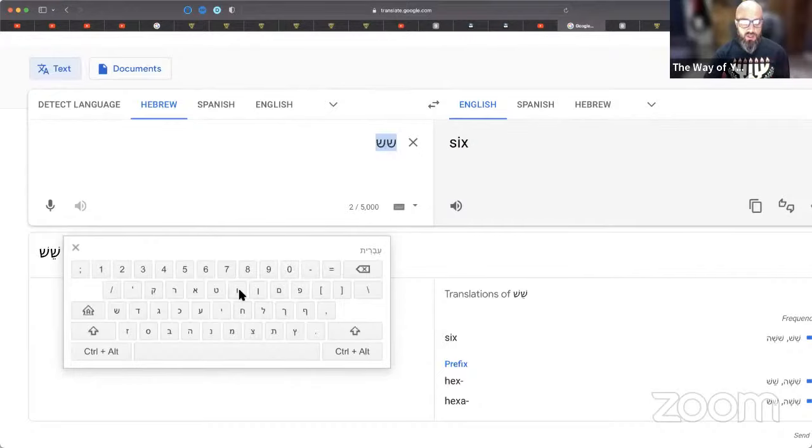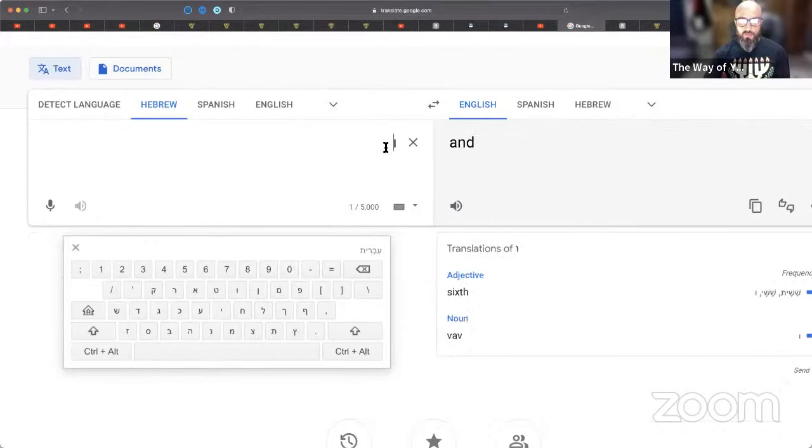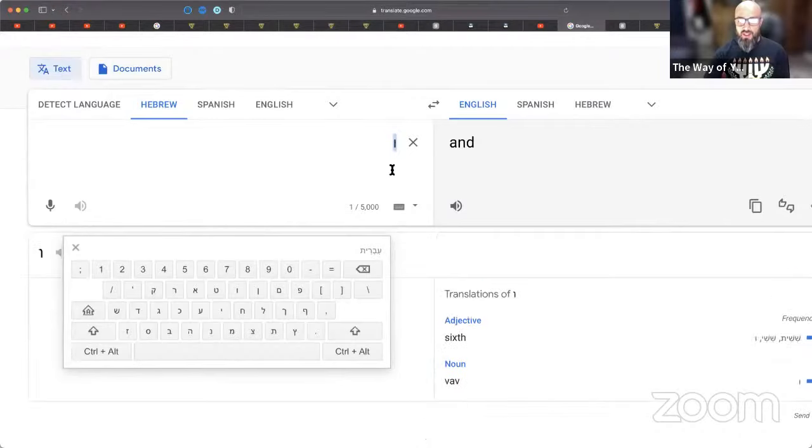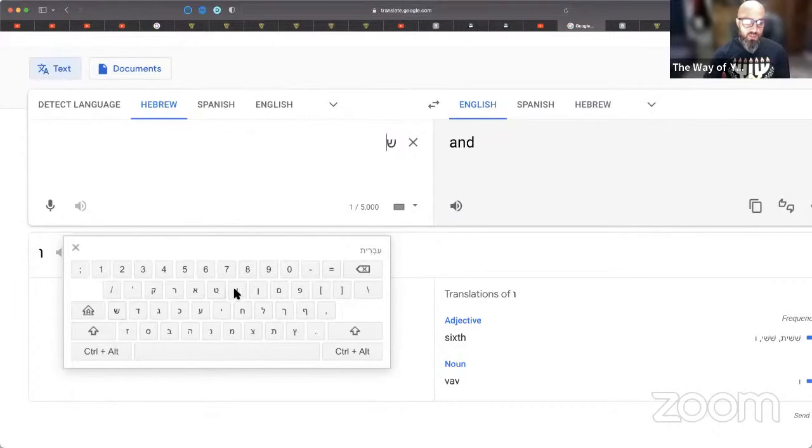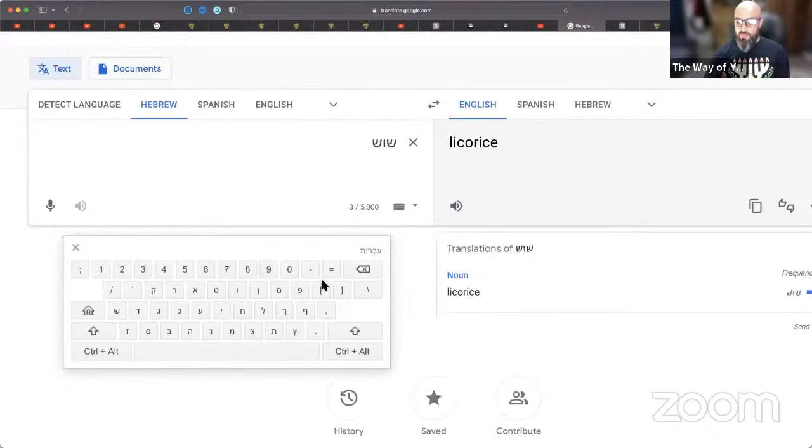Interestingly enough, the Vav, which is the letter in the middle, the numerical value of it is 6. So Sheish is 6. The Vav has the numerical value of 6. When we add them together, we have joy.